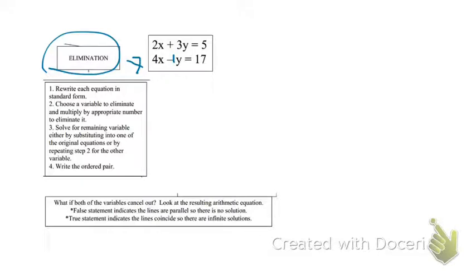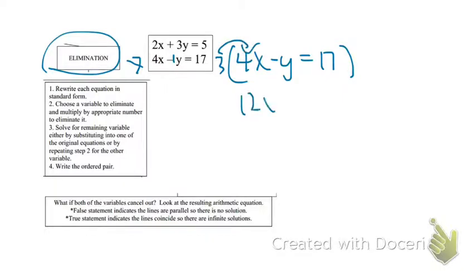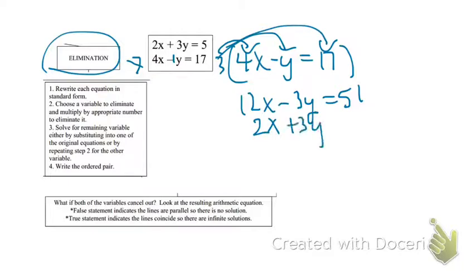So what I'm going to do is take that 4x minus y equals 17, and I'm going to multiply the whole entire equation by 3. If I do that, I would get 12x minus 3y equals 51. I'm going to bring down my original first equation, which was 2x plus 3y equals 5.